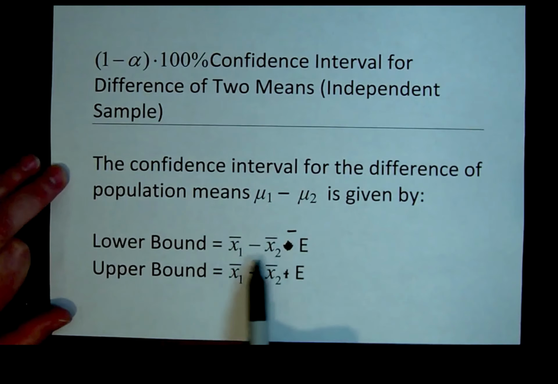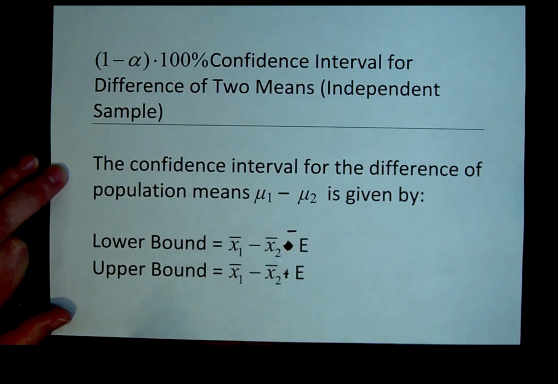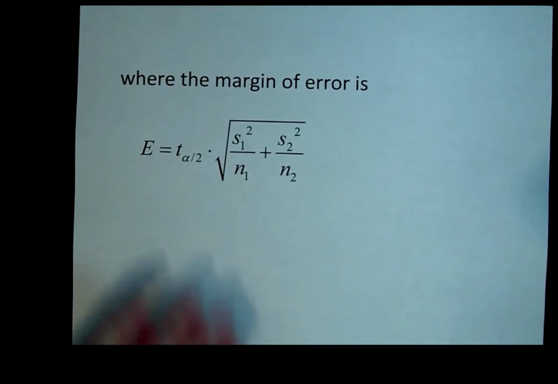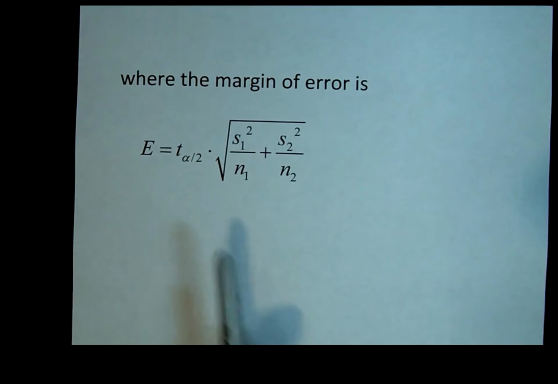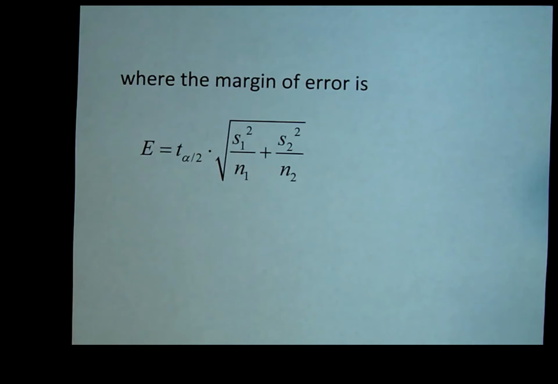So the difference in the sample means is the point estimate for the difference in the population means. The margin of error is t sub alpha over 2 times the square root, and this time what's under the square root is S1 squared over n1 plus S2 squared over n2.